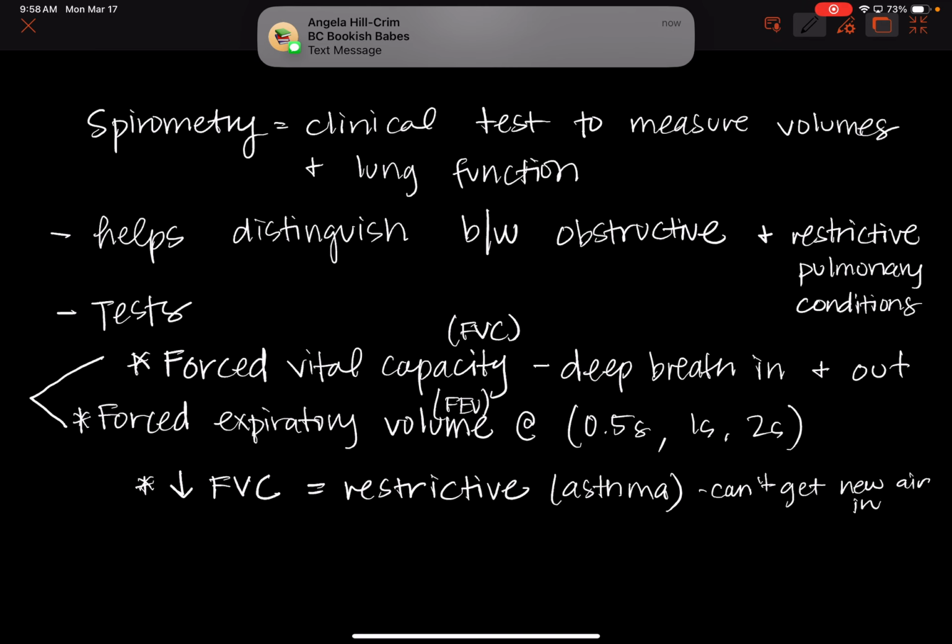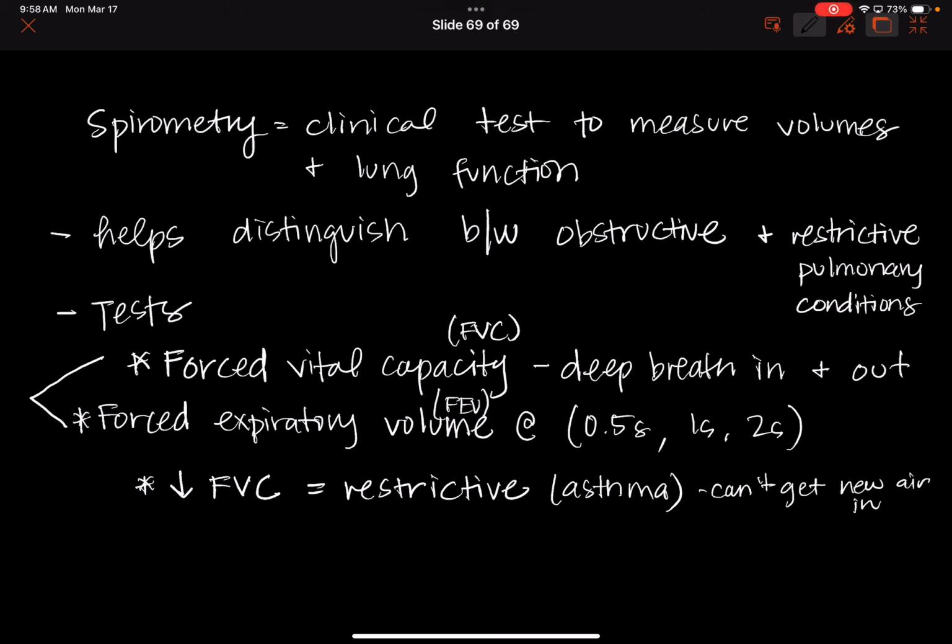Somebody with asthma has narrowed airways. When they have an asthma attack, it gets even more narrowed than what it already is. That's a restrictive pulmonary disorder.